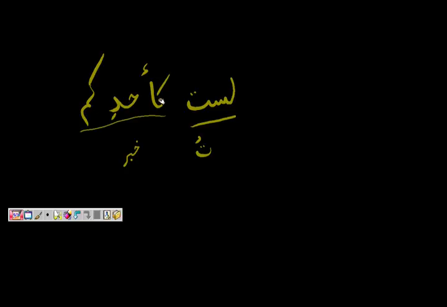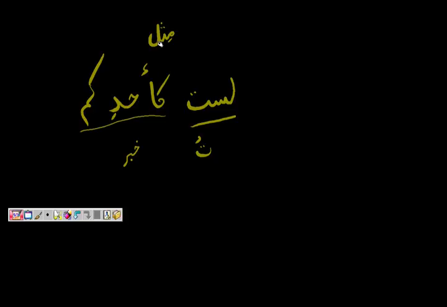When ka is used in this form, you can replace it with the word mithl in Arabic. So you can say lastu mithla ahadikum. I'm not like one of you. No, mithl is a noun. But if you want to make the sentence a little bit easier to understand if it's ambiguous, or if it's not easy to understand, then you could put kaf.